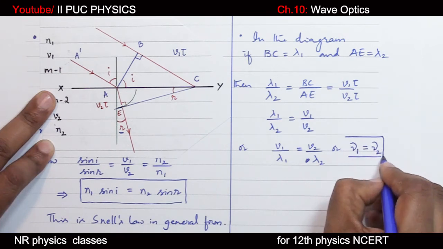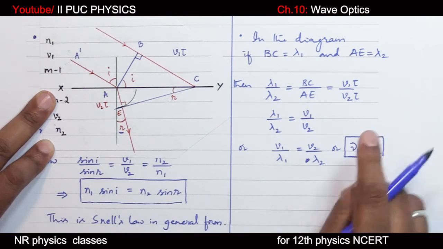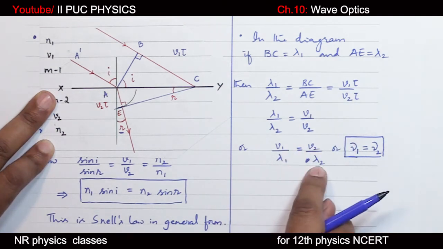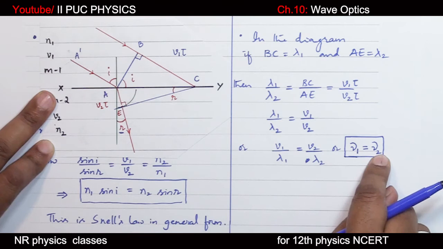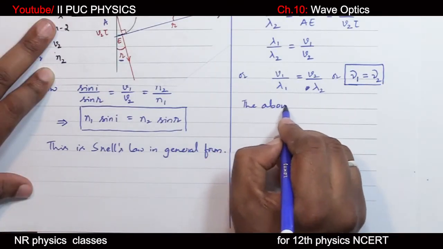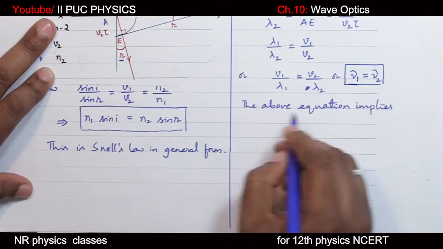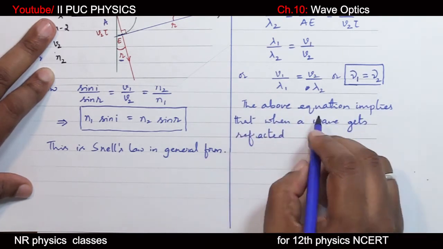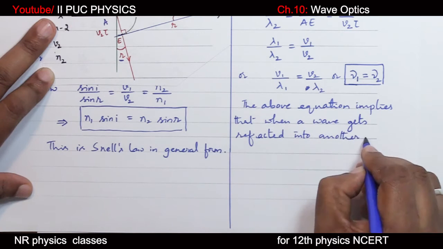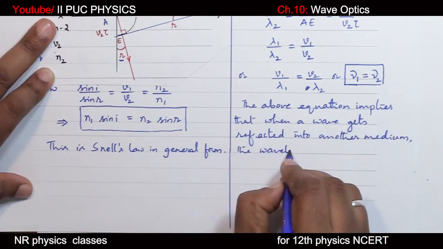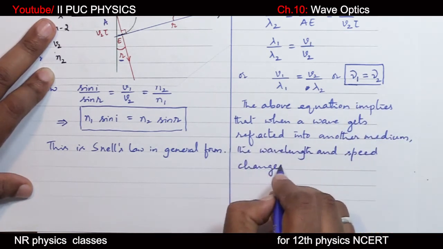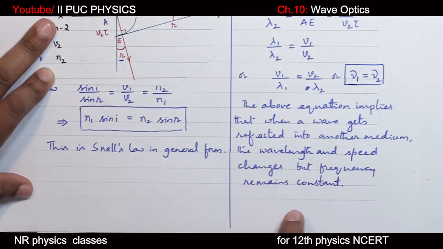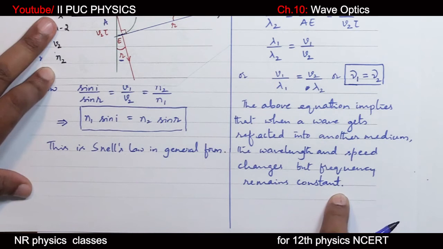And what do you mean by this? When light travels from one medium to another medium, speed changes, wavelength changes, but frequency remains the same, frequency remains constant.